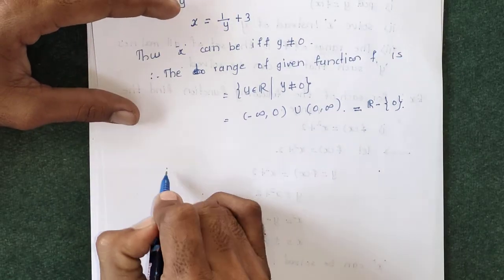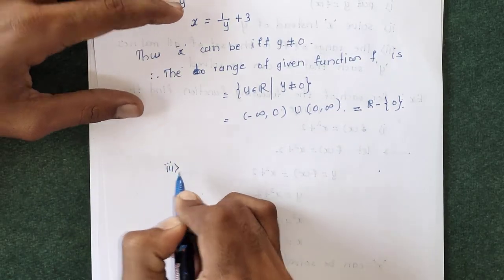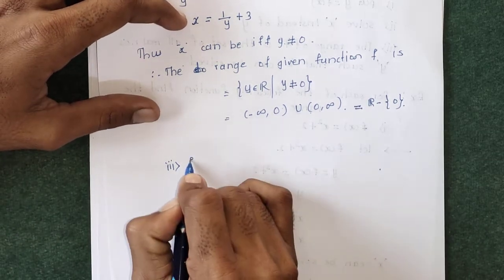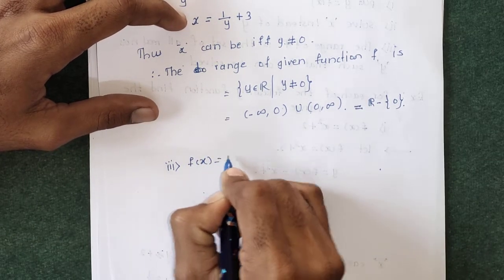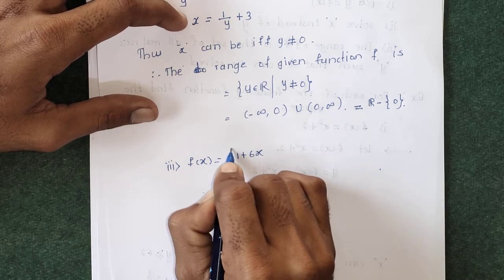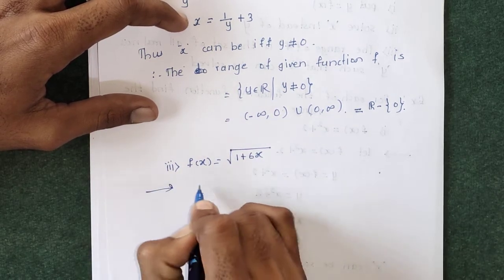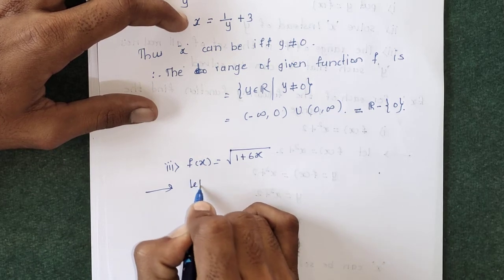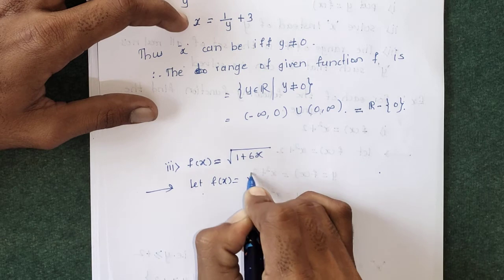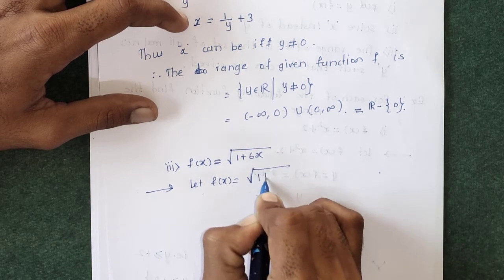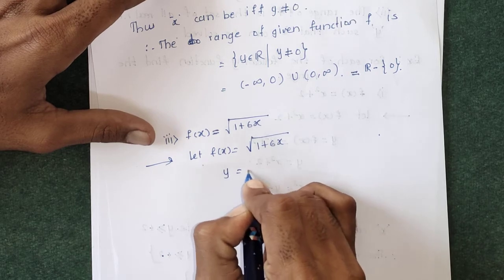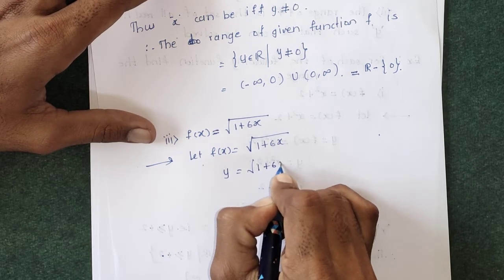Now the next example is f of x is equal to square root of 1 plus 6x. Here f of x is equal to square root of 1 plus 6x, and first step, we put y equal to f of x, that is, y equals square root of 1 plus 6x.